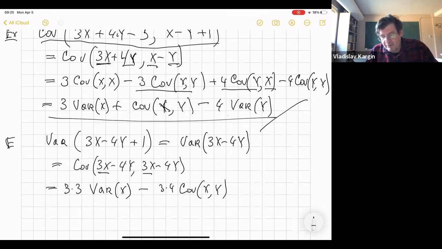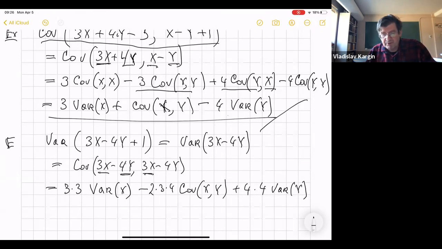There will also be the covariance of 4y and 3x, so another 2, because the next term is minus 4y times 3x. It will give you the same number. And plus 4 times 4 covariance of y and y, so variance of y.